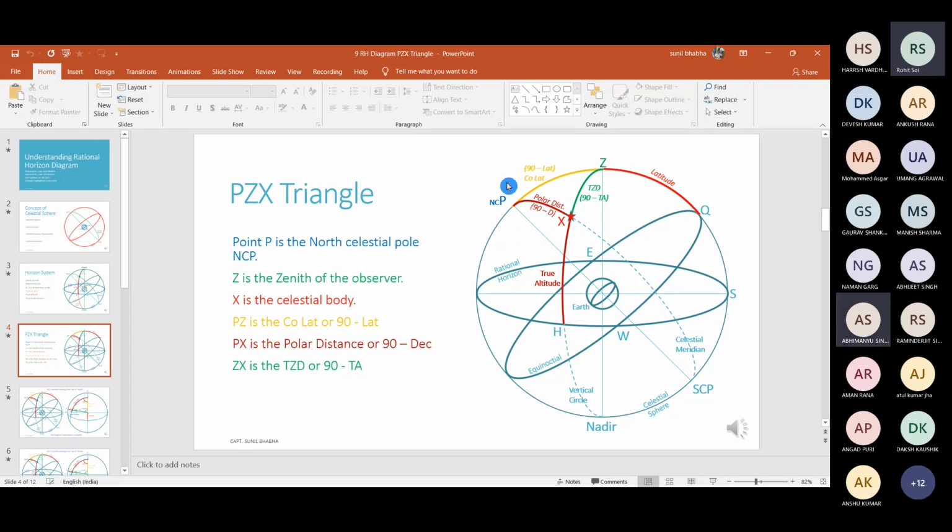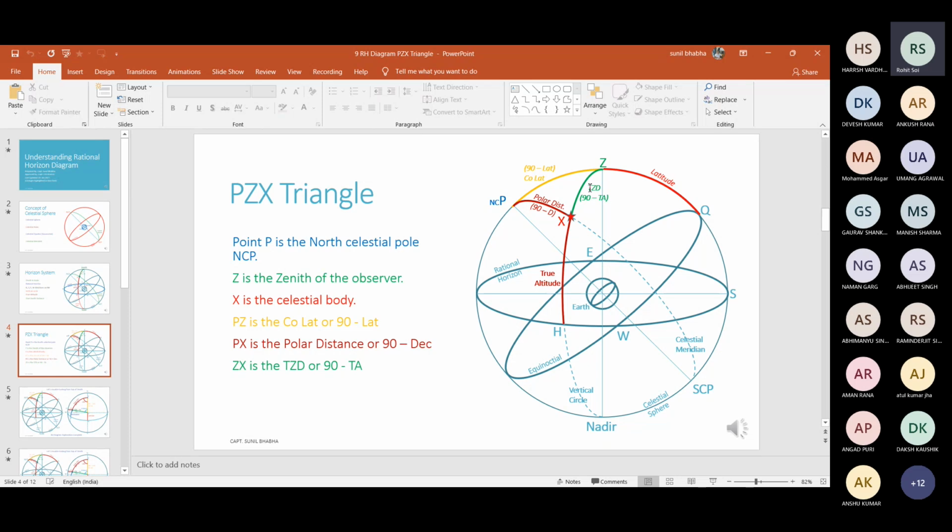No, sir. Okay. All right, beta. So now we proceed ahead to an important concept: to show this PZX triangle in the rational horizon diagram. I am going to pick up this particular diagram from here as it is.